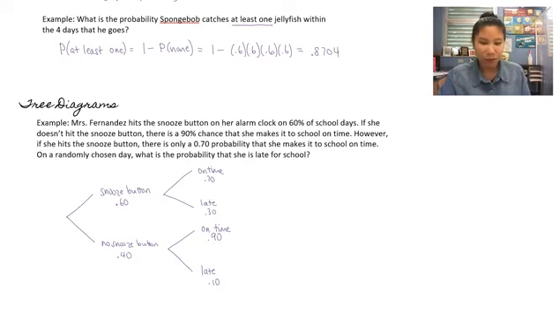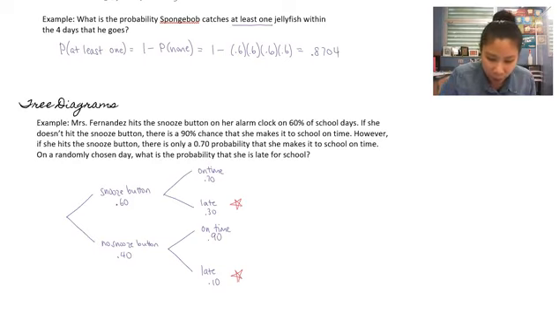Okay, so on a randomly chosen day, what is the probability that she is late for school? So this actually occurs twice. I can be late for school here or here, depending on whether I hit the snooze button or not. But because I have two situations to consider, I have to find the probabilities for each scenario.